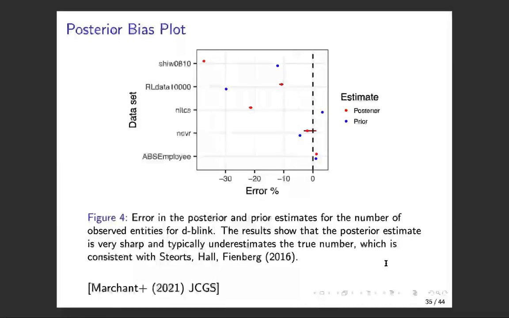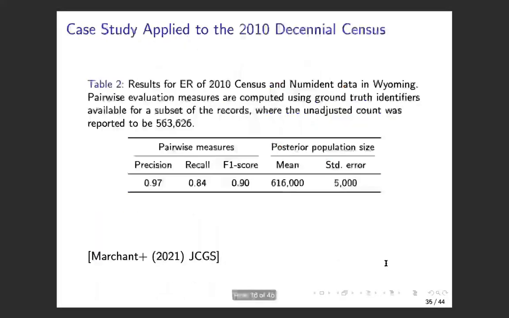This is something I theoretically showed happens when you use a uniform prior on the linkage structure, back in my JASA paper. This has since been addressed, but there's a balance between using the uniform prior and more robust priors in terms of computational complexity when scaling. That's something I'd be happy to talk about at the end.